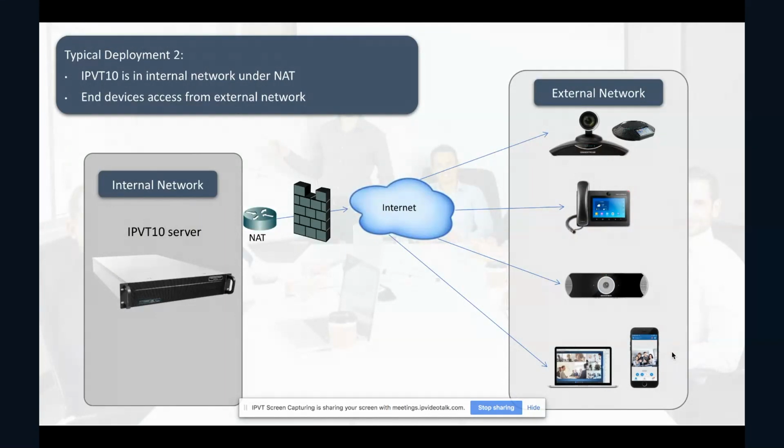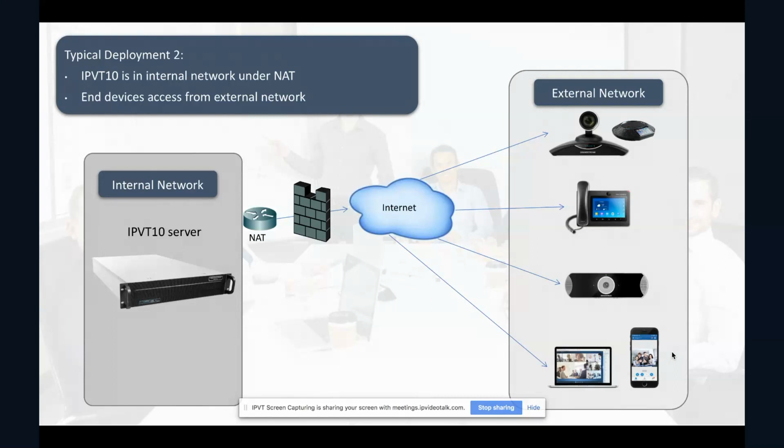for this deployment scenario, we can see that the IPVT10 server is in an internet network under NAT, and the end devices access from the external network. In this case, the admin needs to configure the external network IP address and the static NAT in the server. If the server is deployed on the internal network, and all the participants need to use the service through a public network, therefore, it needs to have a static NAT to ensure that the public network is able to access through this IPVT10 server.